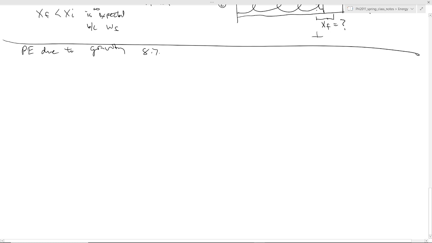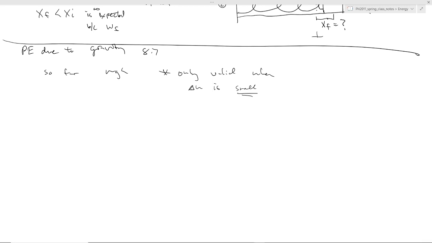And so we've talked about potential energy due to gravity, but so far we've talked about this mgh. This is the potential energy due to gravity. But this is only valid when the change in height is small.